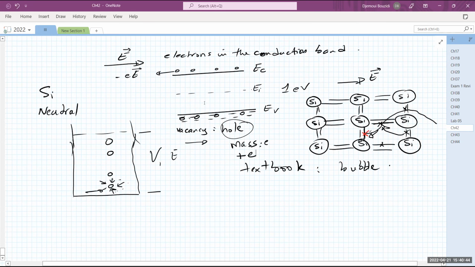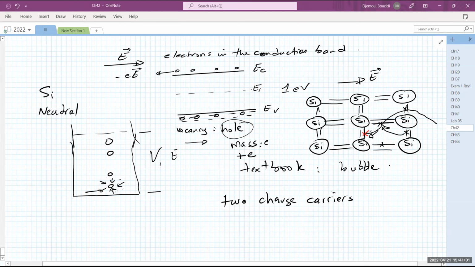So basically the conduction is happening with two agents, two charge carriers, independently, because these things can move. They are not associated with the one that they broke from.